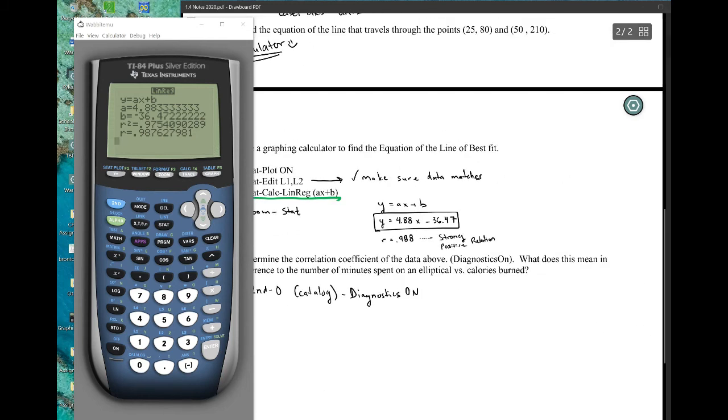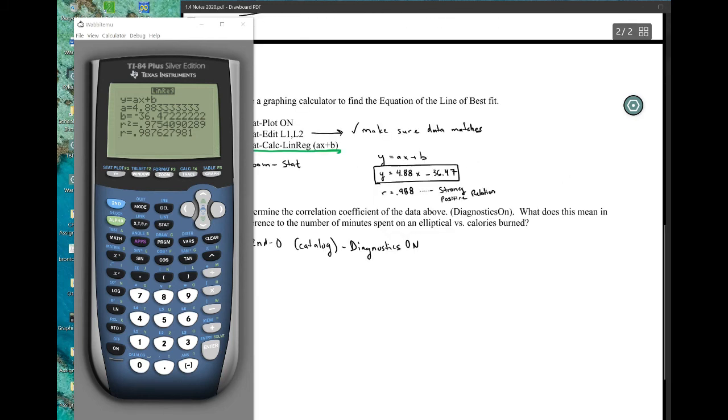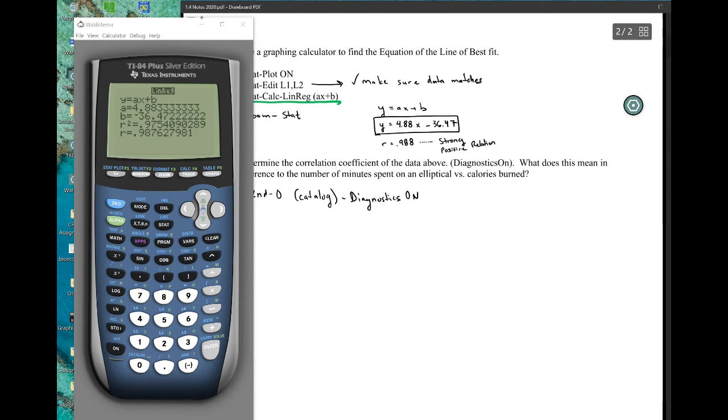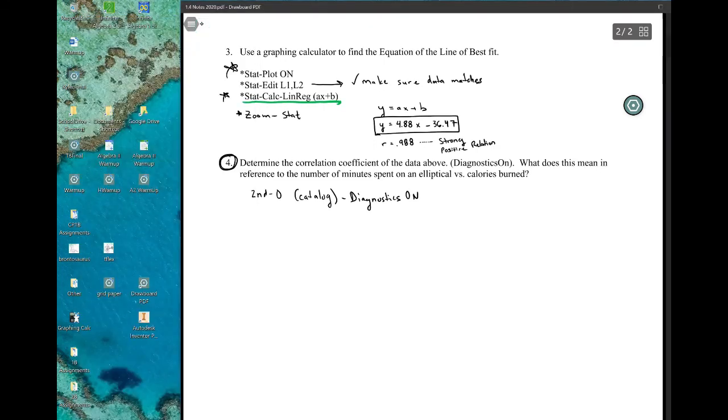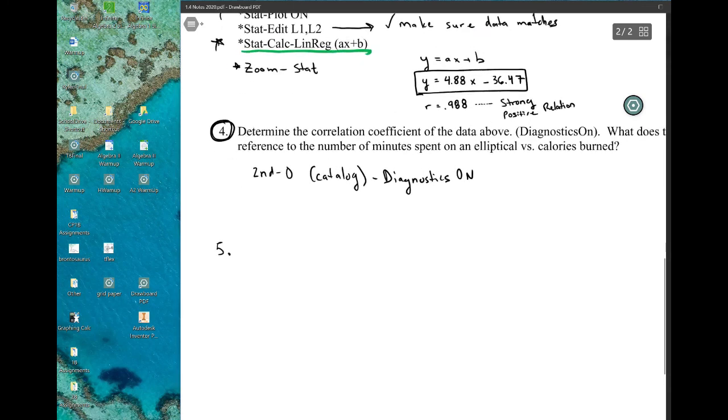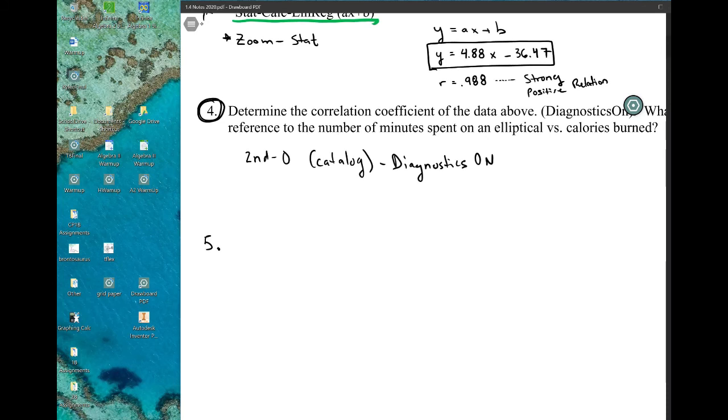Now, a little follow-up question. What we can do with this information is estimate how many calories would be burned in any given amount of time. So let's say you want to spend 80 minutes on this elliptical.